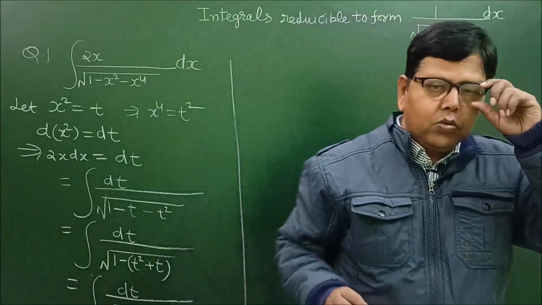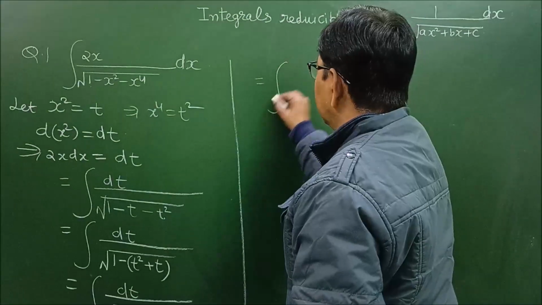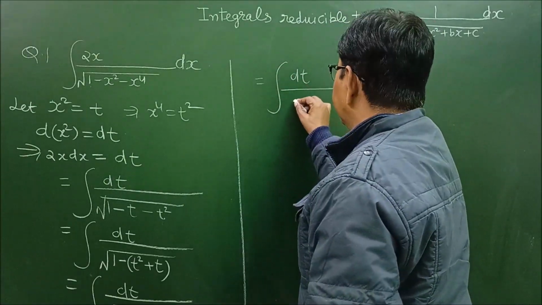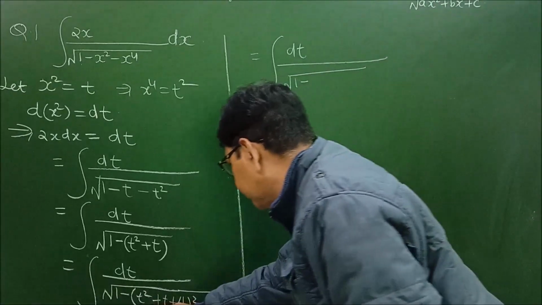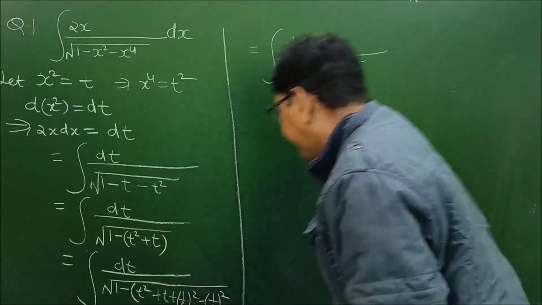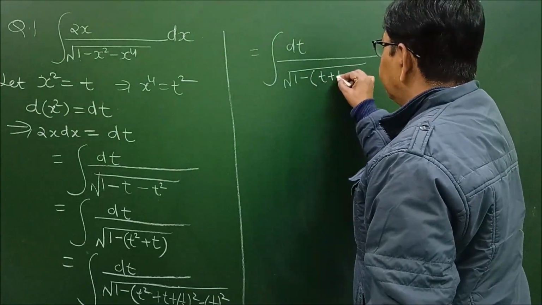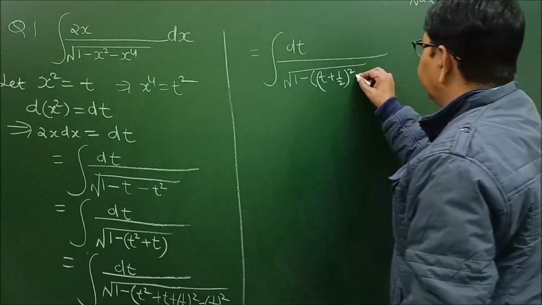Now this is equal to the integral of dt upon under root of 1 minus these three terms, t square plus t plus (1 by 2) square, which make a perfect square. This is the whole square of t plus 1 by 2, minus 1 by 4.